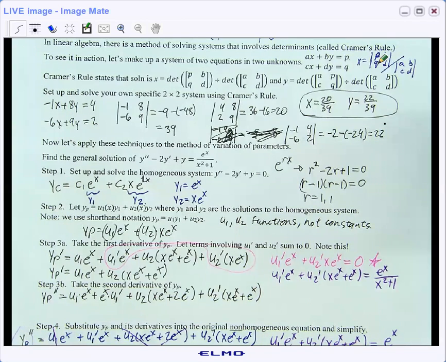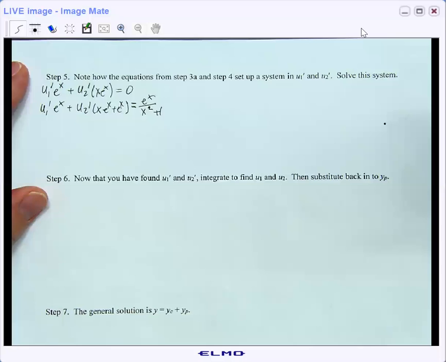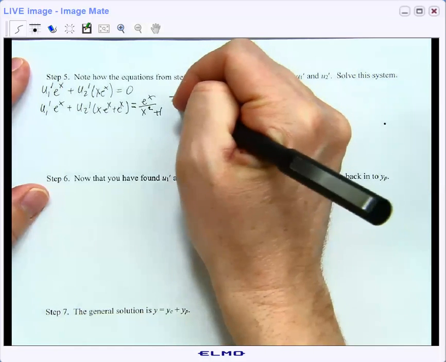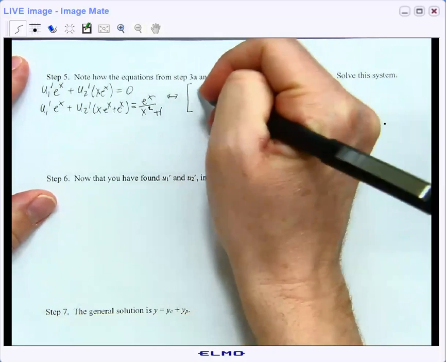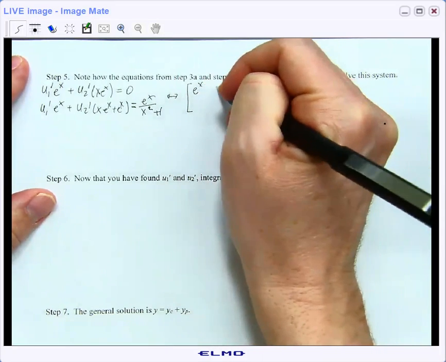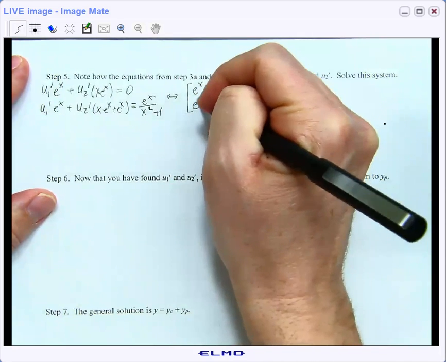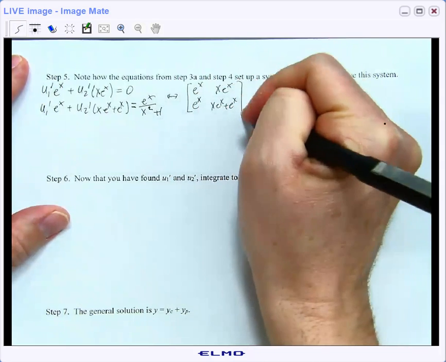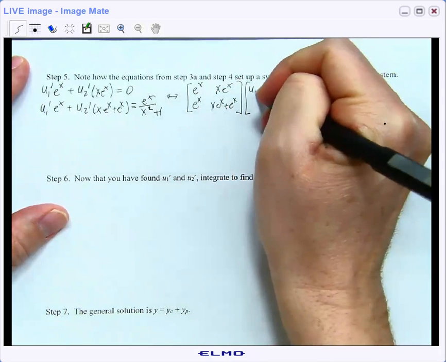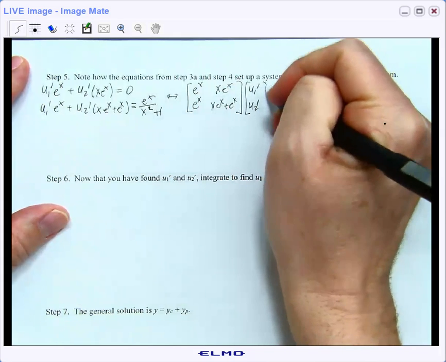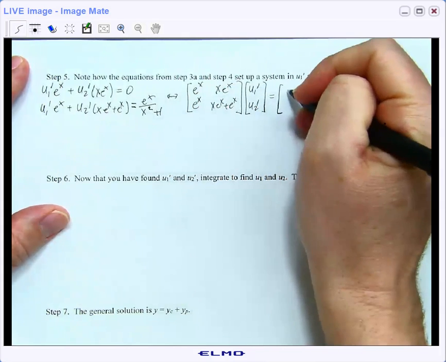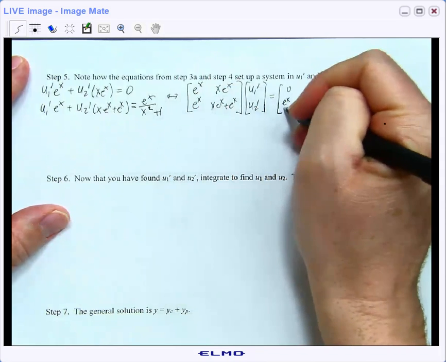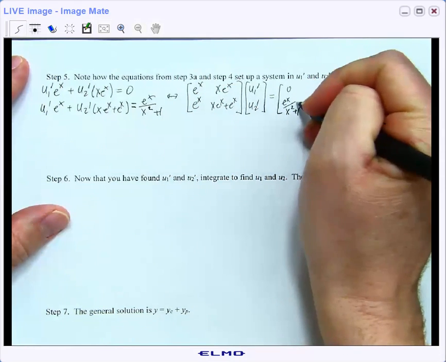So let me pause the page and rewrite those on the top of the next page. Okay, so we've got that written on the top of this page here. And notice that we could write this as a matrix, and the matrix would be e to the x, e to the x, e to the x, and x e to the x plus e to the x, times u1 prime, u2 prime, is equal to 0 and e to the x over x squared plus 1.